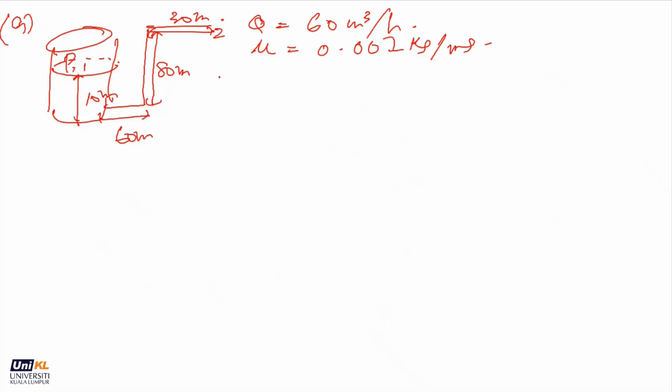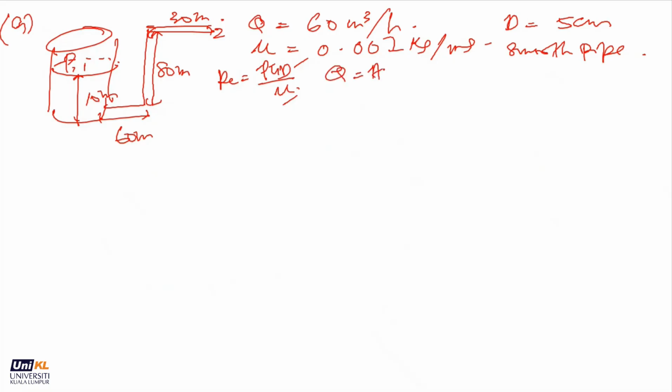Okay, so as usual, Reynolds number is rho U D over mu, we have mu. So D, smooth pipe, 5 cm. U, but we have Q, so Q equals A U, U equals 60 meter cube per hour over A, where A is pi D square over 4, D is 0.05 meter.